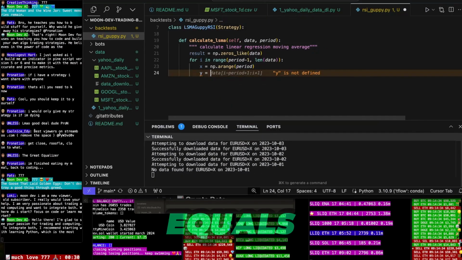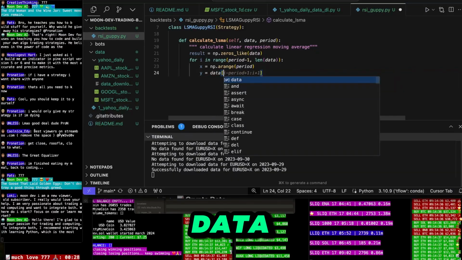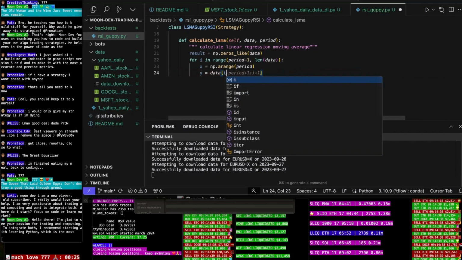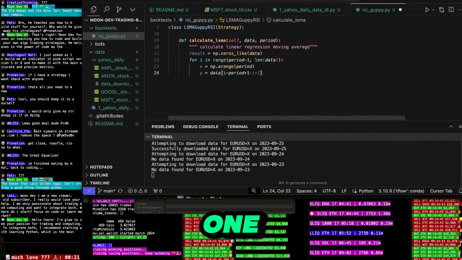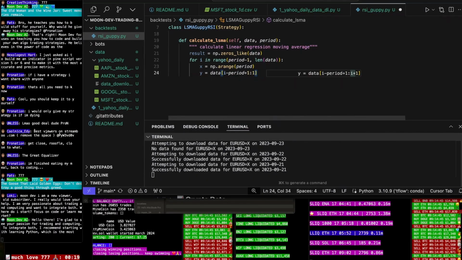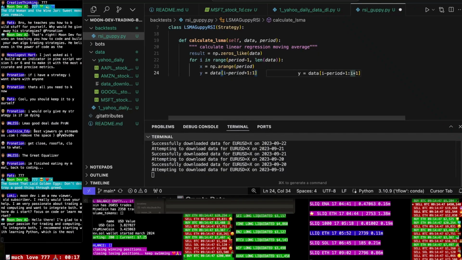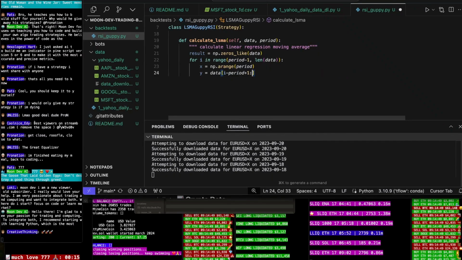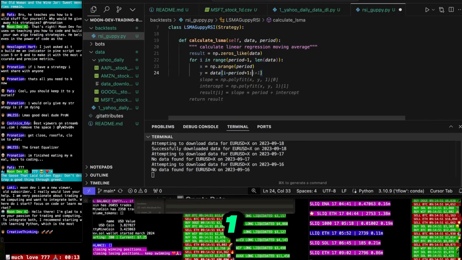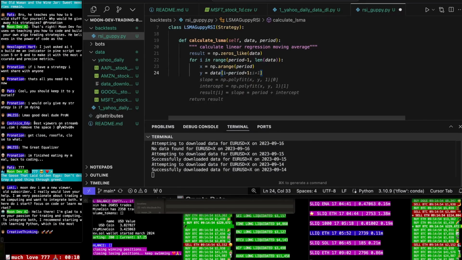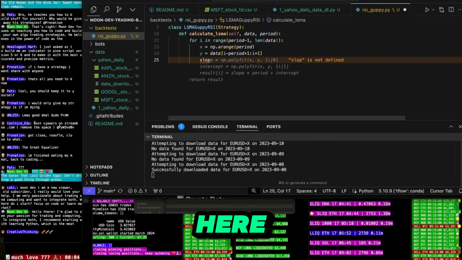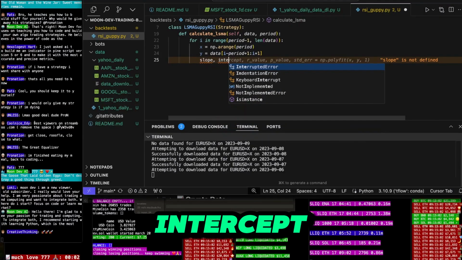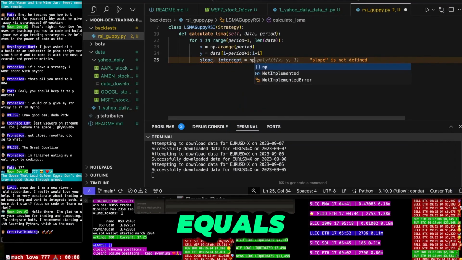And then we'll say Y equals data i minus period plus 1, i minus 1 plus 1, i plus 1. And then we're going to say the slope here and the intercept here equals np.